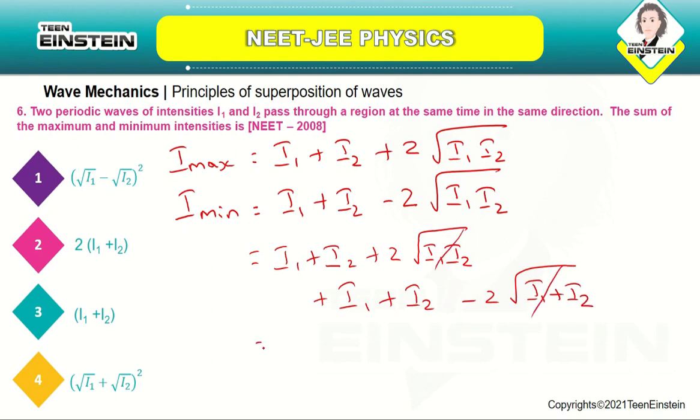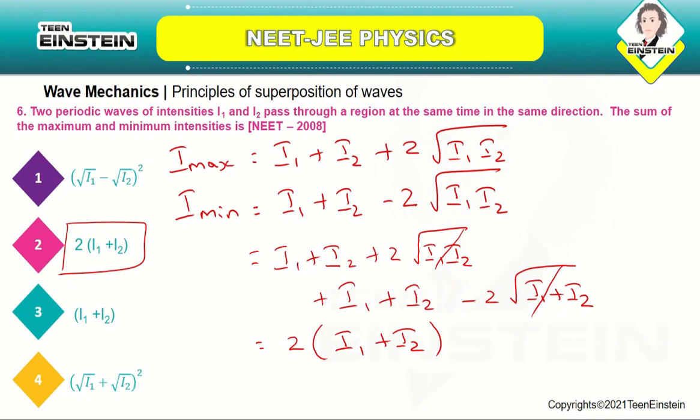So these two terms get cancelled, so it will become 2 into (I1 plus I2). So the correct answer is option number 2. The sum of maximum and minimum intensities is 2 of (I1 plus I2).